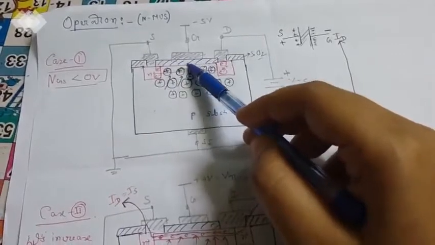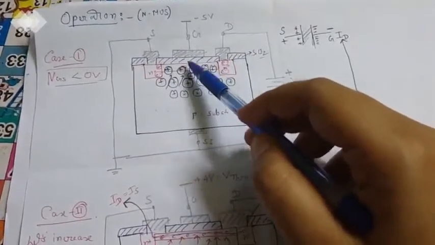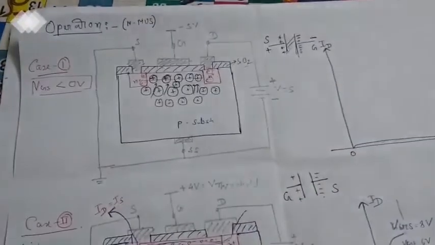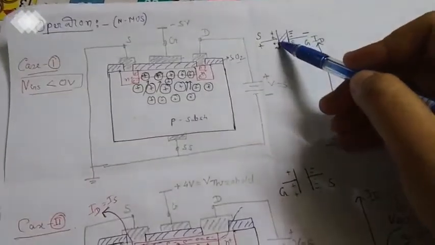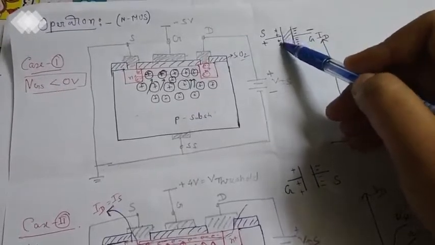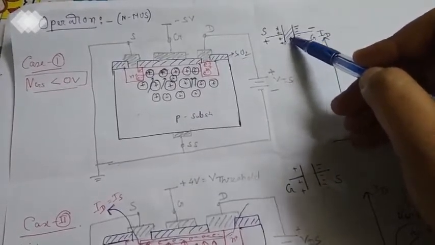So this insulating region will ensure that a capacitance is formed here. The gate is negative and the substrate is positive, and it is separated by the insulating region.